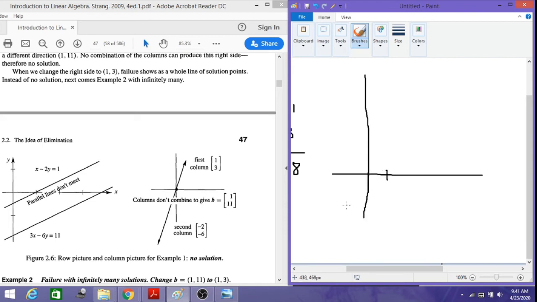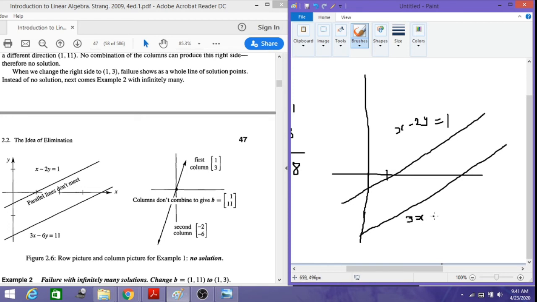So I may get something like this. This is one line, my x minus 2y equal to 1, and the second line I'll get something like this. This is my 3x minus 6y equal to 11. So it will never meet and will never have any solution in this case.